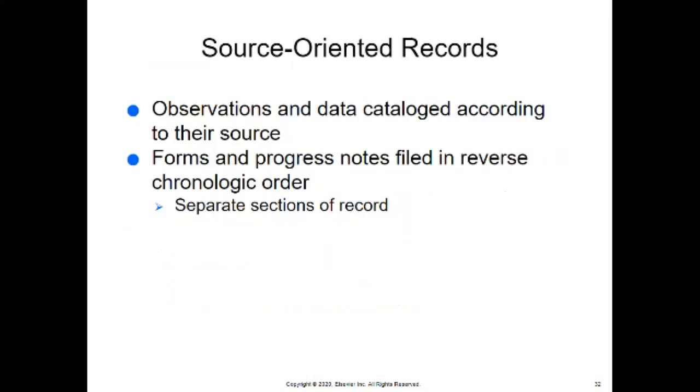The traditional patient record is source-oriented. That is, observations and data are entered by the provider, laboratory, radiology department, nurse, technician, and others, with no recording of a logical relationship among them. Some files may be included in chronological order.